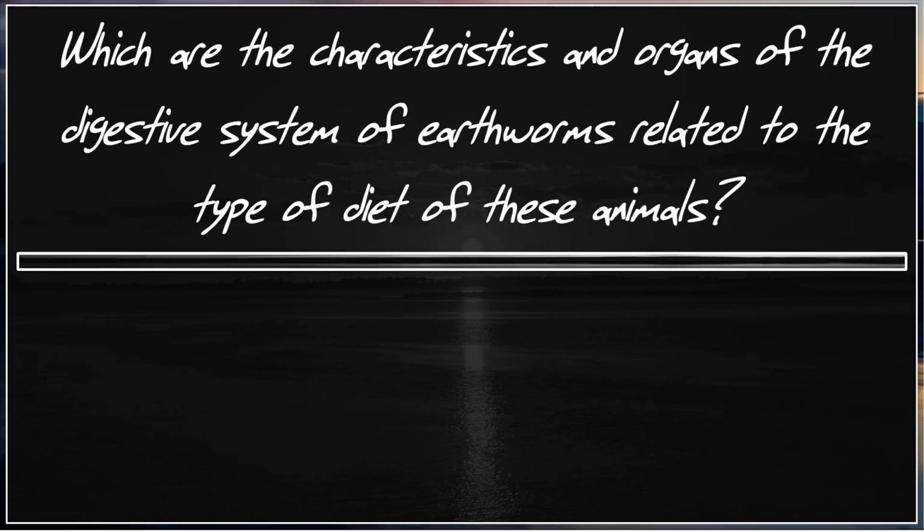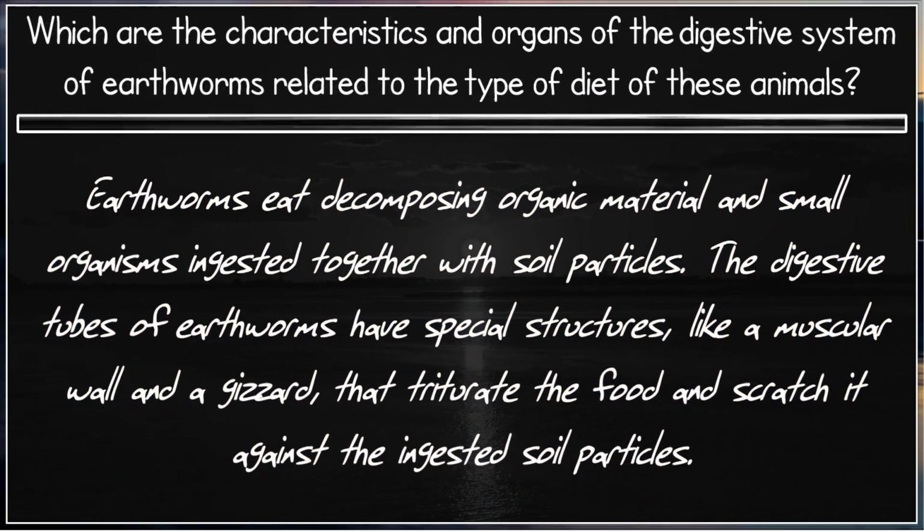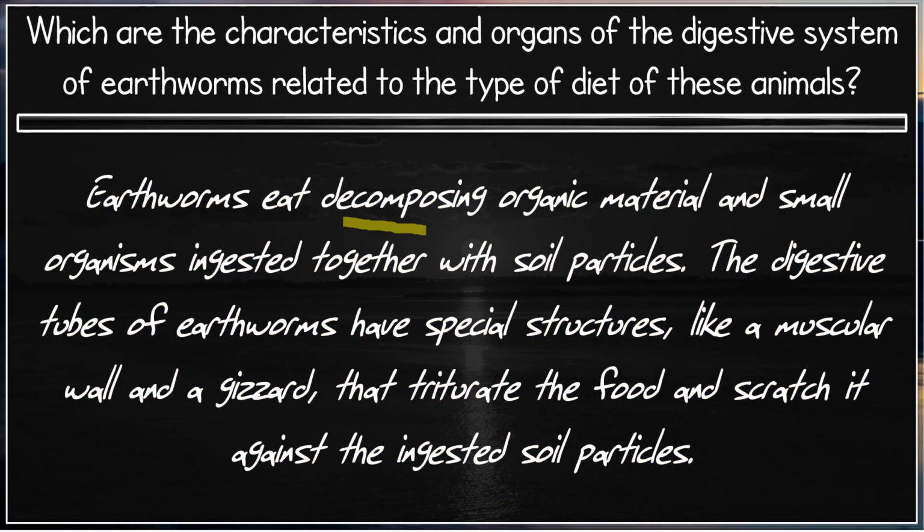Which are the characteristics and organs of the digestive system of the earthworm related to the type of diet of these animals? Earthworms eat decomposing organic matter and small organisms ingested together with soil particles.